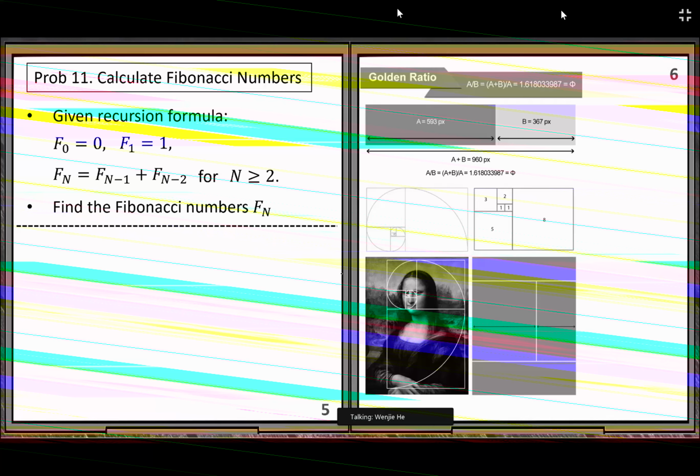For example, in this diagram people find some interesting properties. First, for the non-zero Fibonacci numbers, because only the first Fibonacci number is 0. After that, all are non-zero. F1 is 1, F2 also is 1. You use the Fibonacci number as the side of a square, then place those squares in a special way.